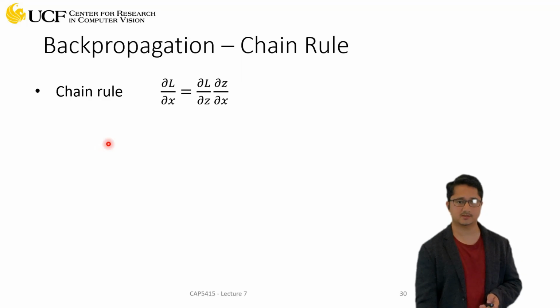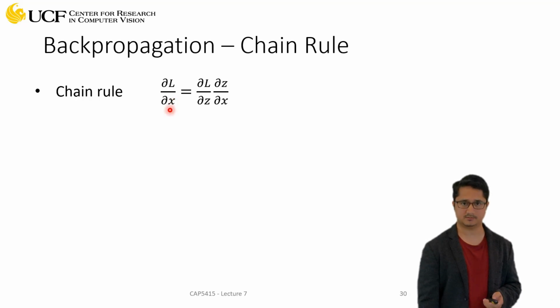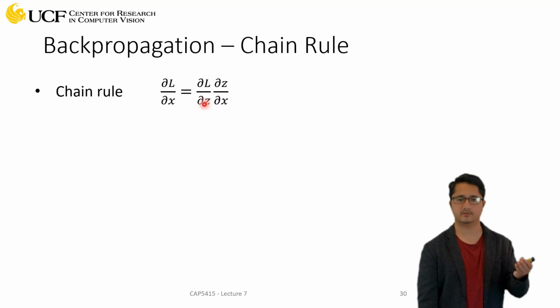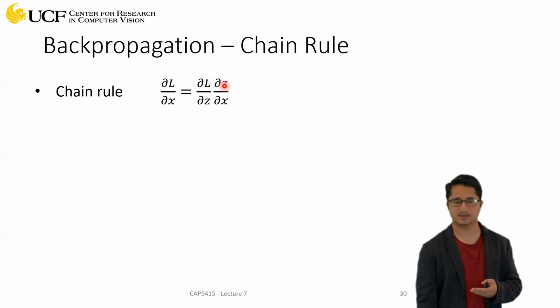The simple chain rule says, if you have this function L, and you want to compute the derivative of this function with respect to any variable x, and the function actually depends on x, you can compute the partial derivative of this function with respect to any other variable z, where the function depends on z, and then compute the partial derivative of z with respect to x. This is the chain rule all of you must know. This is just a recap.